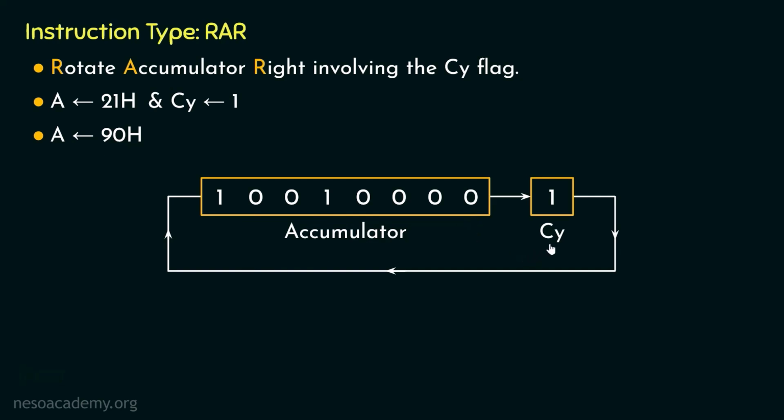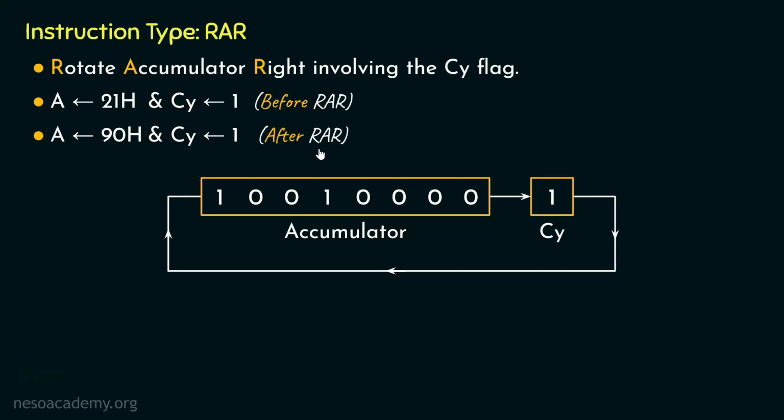Also look at the content of the carry flag. Since the least significant bit of 21, that is 0010 followed by 0001, was 1, the carry flag's content remained unchanged. So this was the content of the accumulator and the status of the carry flag prior to the execution of RAR.